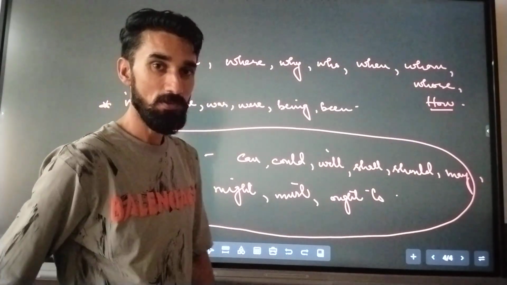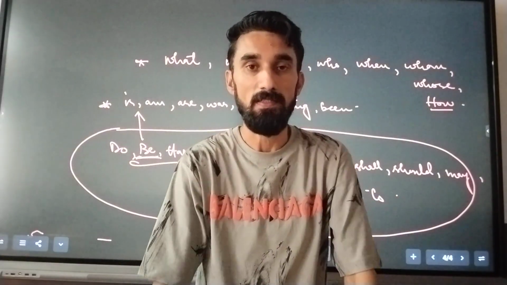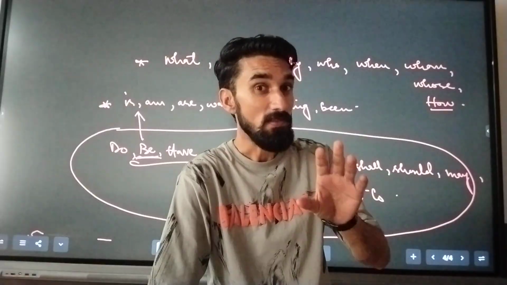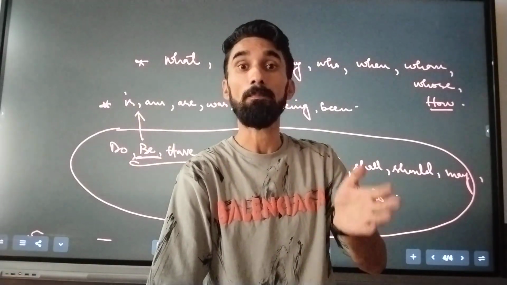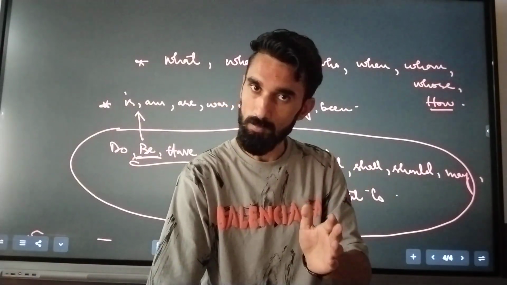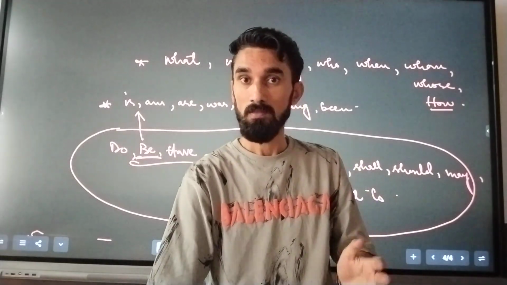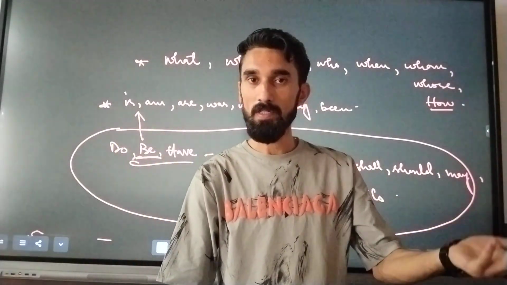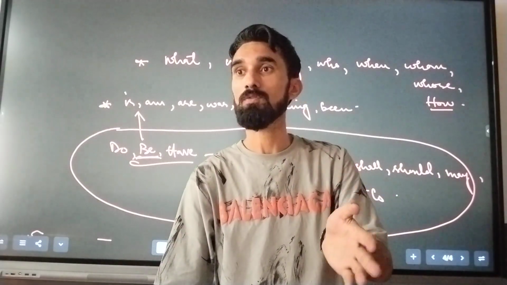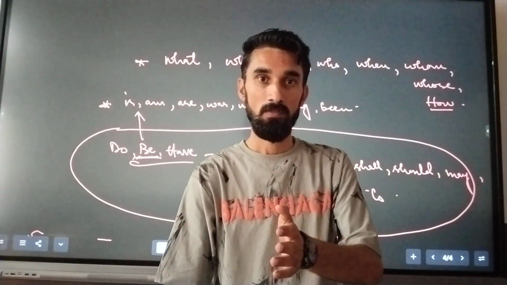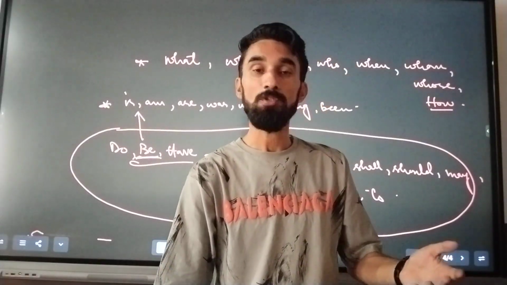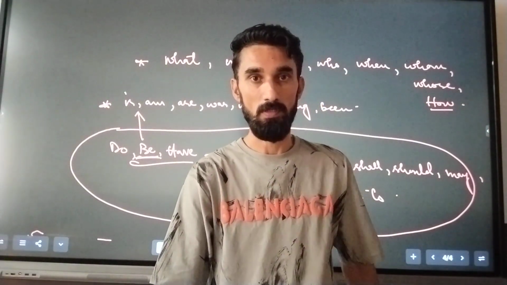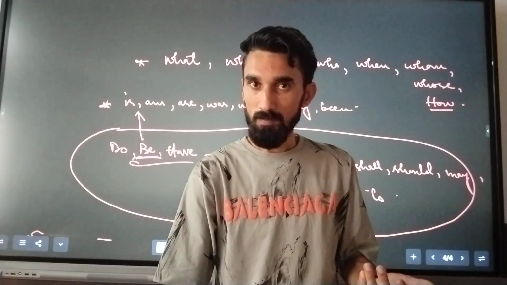I was talking about the interrogative sentences, and what I told you is that an interrogative sentence either begins with any of the WH reporting words or with any of these helping verbs. What are you doing here? This question begins with a WH reporting word. Where is your book? This again is a question that begins with a WH reporting word. Are you ready to come with me?